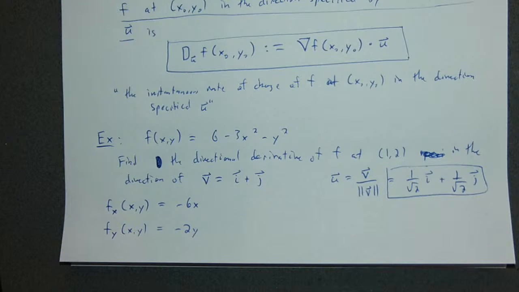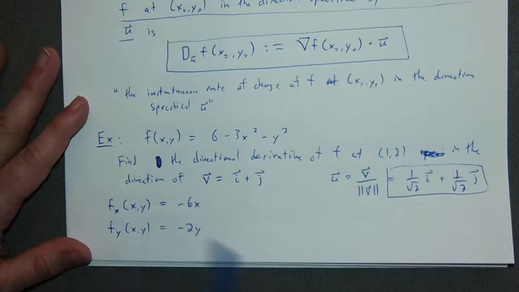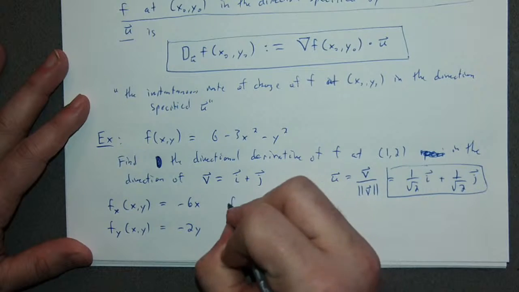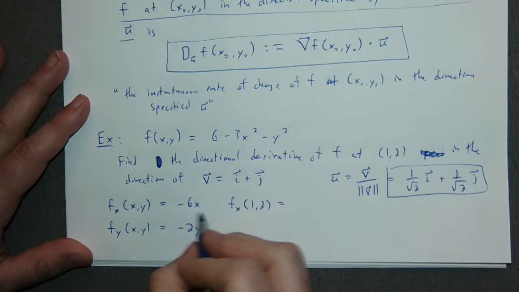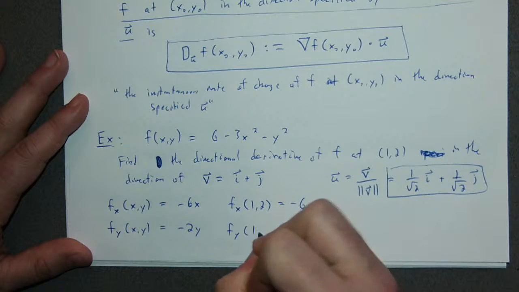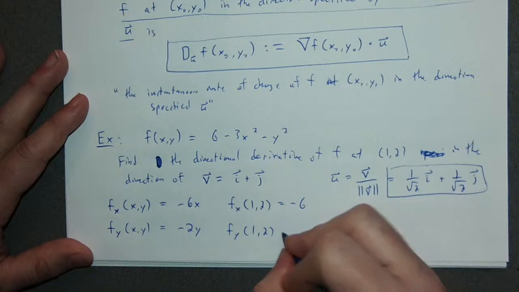Now I was asked to compute this directional derivative at (1, 2), so I plug (1, 2) in here. Each of these actually only depends on x and y. What is the x partial at (1, 2)? It's minus 6 times 1, so it's just minus 6. What is the y partial at (1, 2)? It's minus 2 times 2, so it's minus 4.